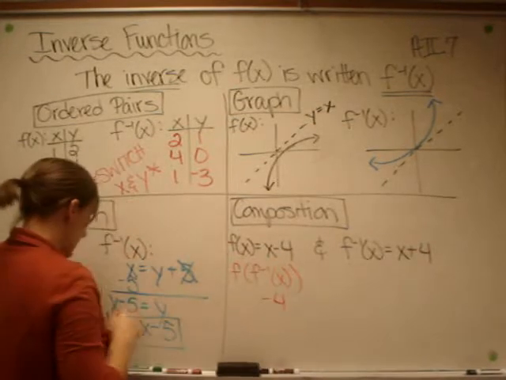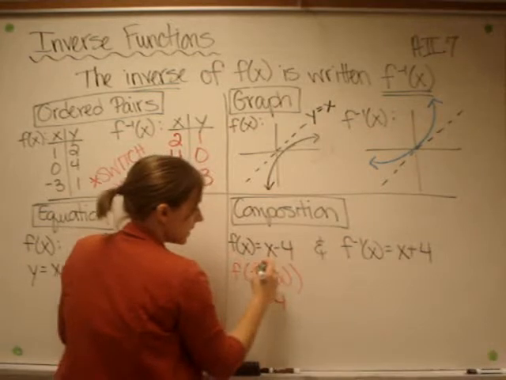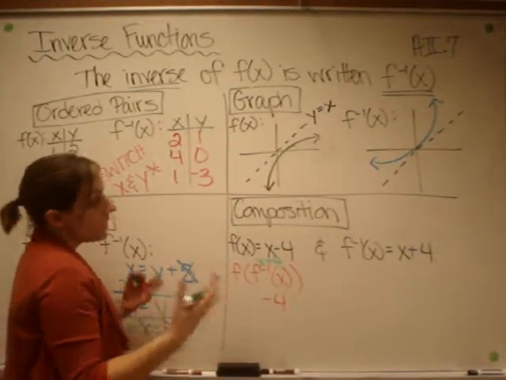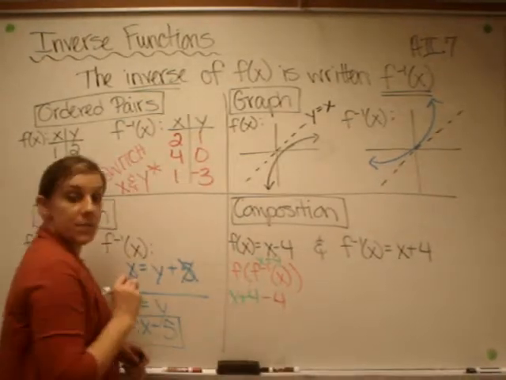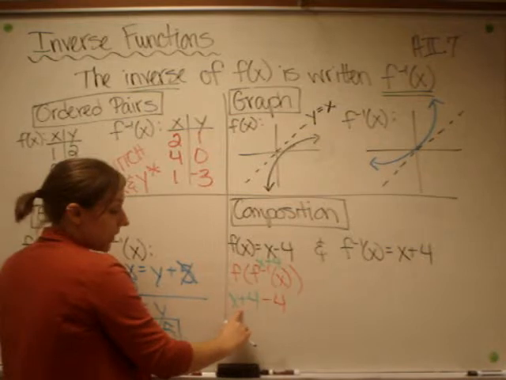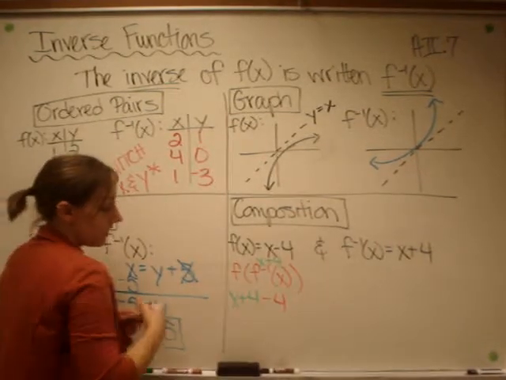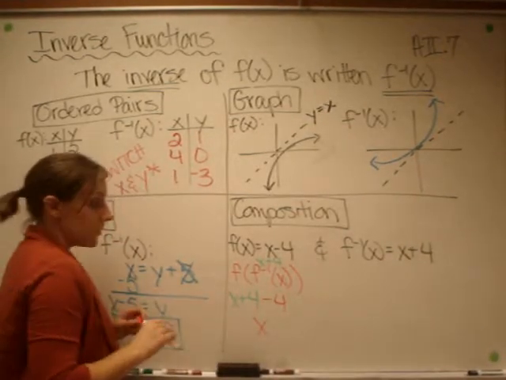And since the inverse is x plus 4, just like we've done with other composite functions, I'm going to put x plus 4 in its place. And then we get plus 4 and minus 4. They cancel out. A positive 4 and a negative 4 cancel out. So we're really just left with the value x.